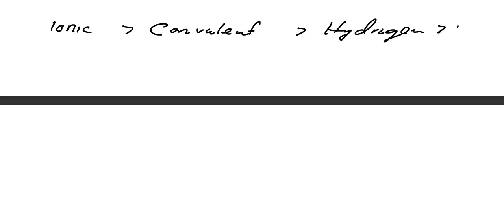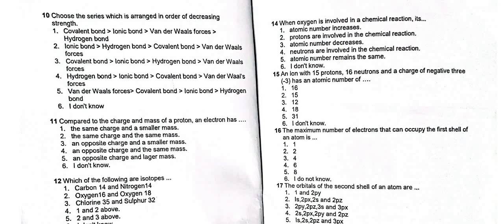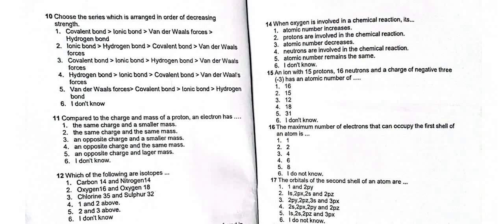Then that's when we have van der Waals. So the only thing we can do is go to the closest answer. Hydrogen and van der Waals are at the end, so there should be hydrogen, then van der Waals. So the best option here is 3, because there's hydrogen and van der Waals.